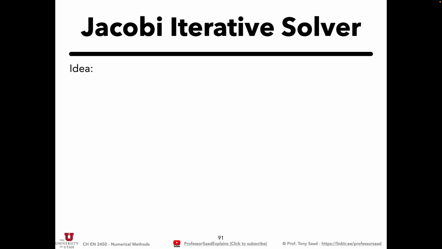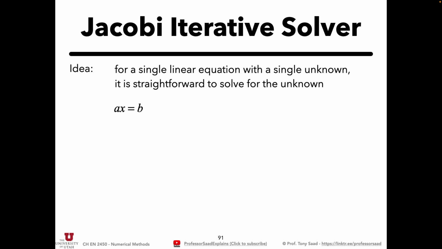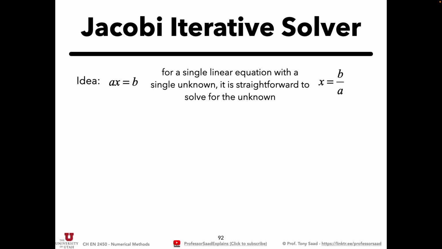And the idea of the Jacobi iterative solver, like I said, is, just like you take a single equation, ax equals b, and you can simply say x equals b over a, right? So you can simply draw x out of it. What if, Jacobi said, what if for a system of equations, and I'm using this nomenclature again, A11, A12, A21, A22, so think of this as a matrix.